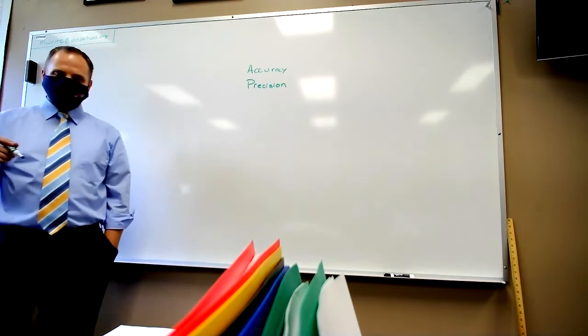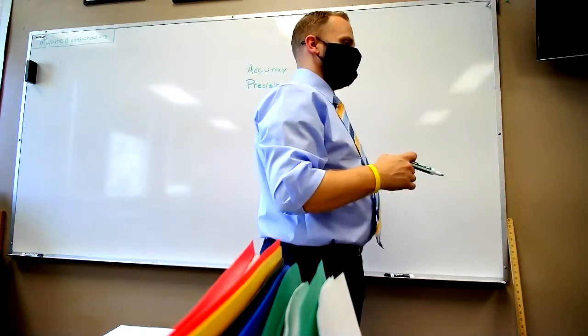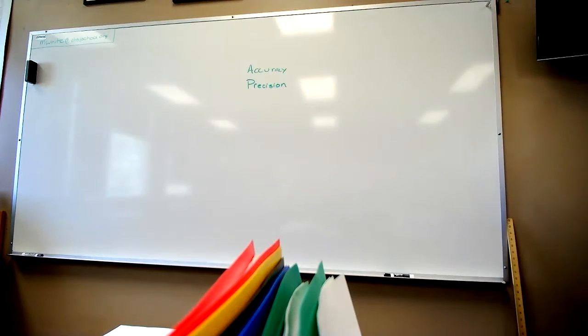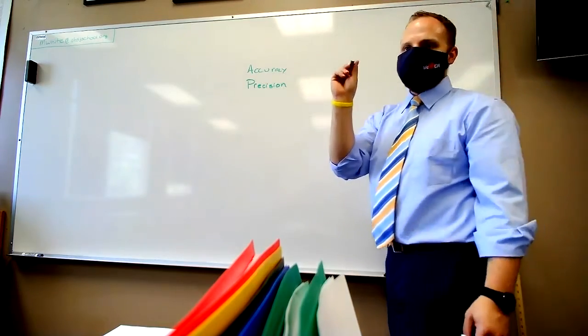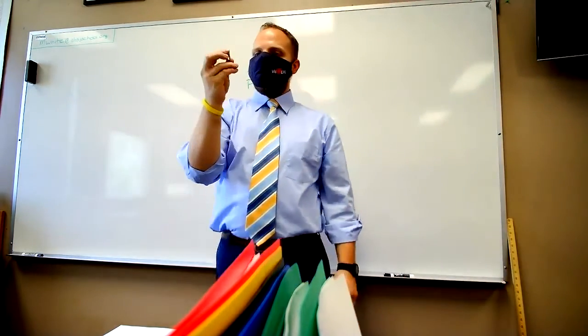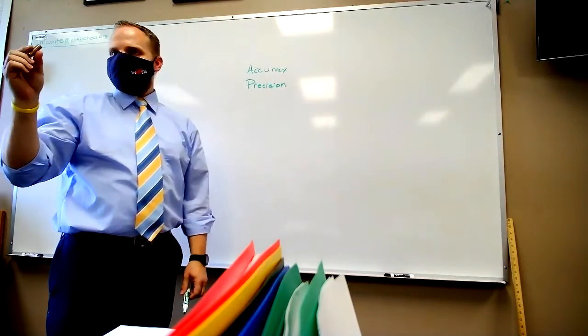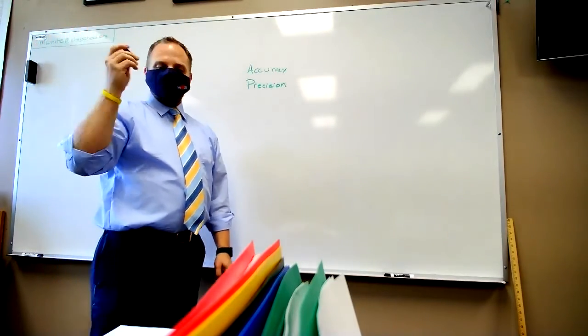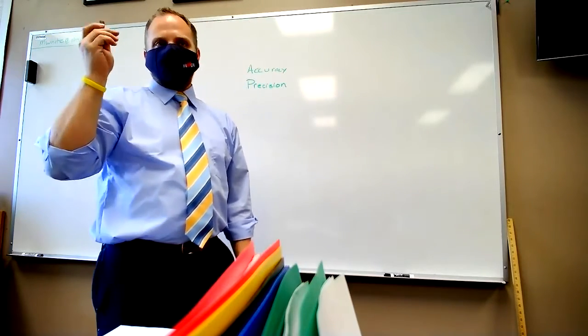Now, if we look at this piece of copper right here, okay? We measured this before in class, and we came up with a value of 45 grams, if I remember correctly.